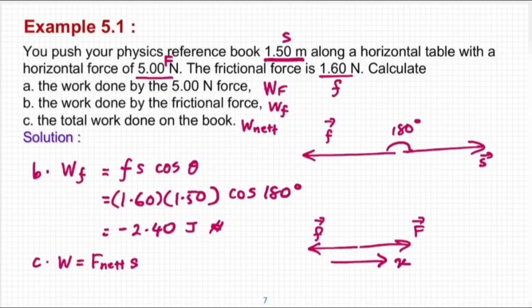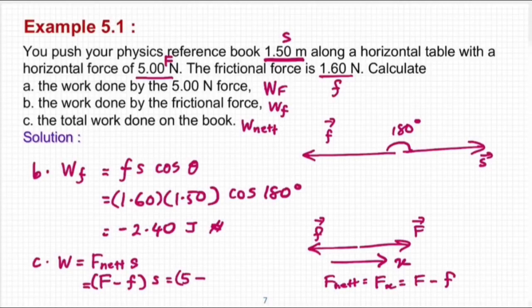So from here, we can see that if we find the total net force for the X component, we will get 5 Newton force F minus the frictional force. And then we can substitute our net force into the work equation times the displacement and then substitute in our values. So 5 minus 1.60 times 1.50, which will give us 5.10 joule.